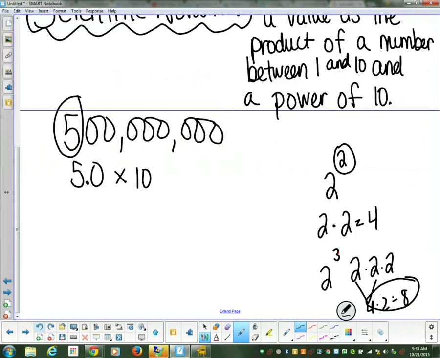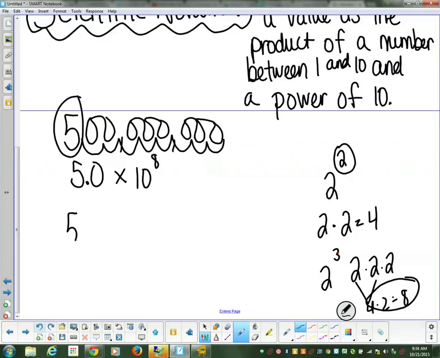And now all we have to do is figure out how many places there are to the right from 5. So 1, 2, 3, 4, 5, 6, 7, 8. When we express that, we put it as to the power of 8. That's telling us that we need to move 8 spots to the right from where we're at.